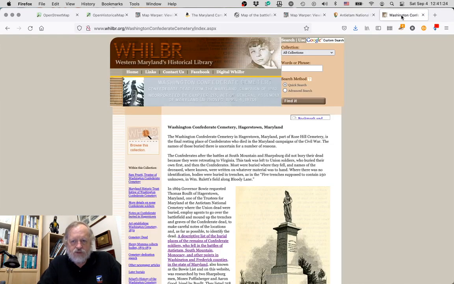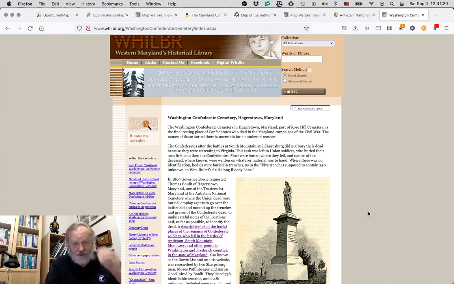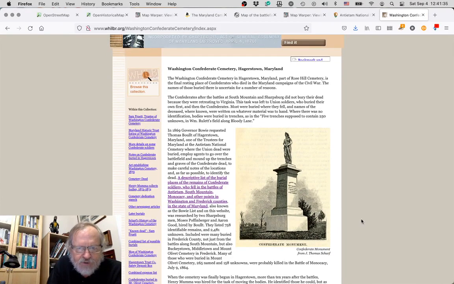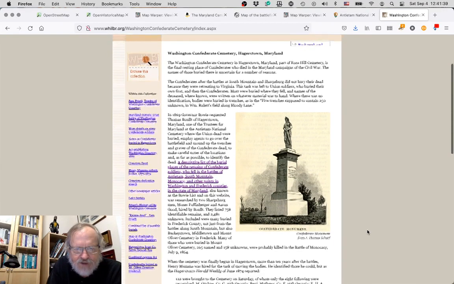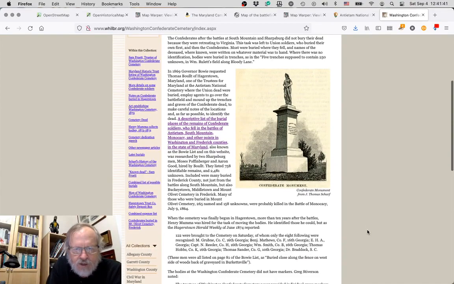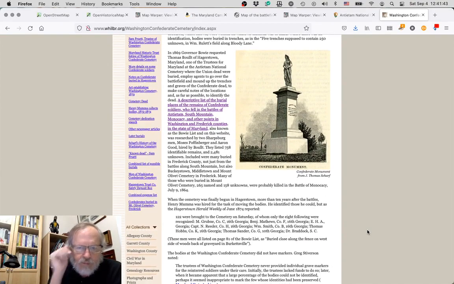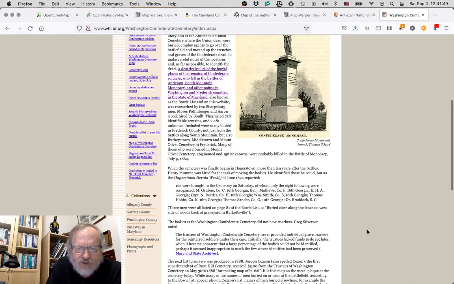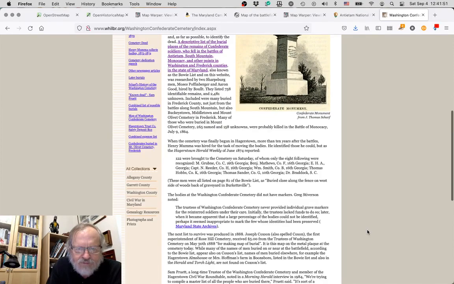So let's come back over here, and if we look it up, the Western Maryland Historical Library contains a discussion of the Washington Confederate Cemetery in Hagerstown, Maryland. This is where they ended up putting the bulk of the remains of the Confederates from these battles.